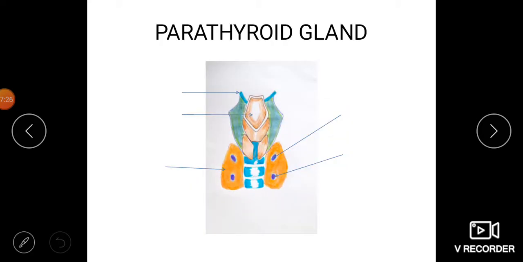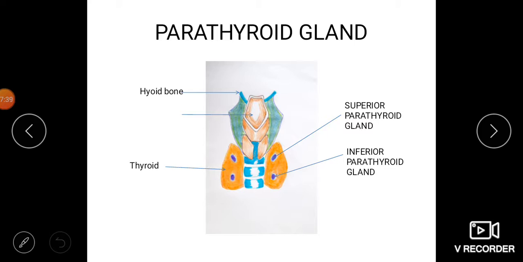The position of the parathyroid gland. The main labels are the thyroid gland, the superior parathyroid gland, the inferior parathyroid gland, the hyoid bone, the bone that supports the base of the tongue, and of course the epiglottis.